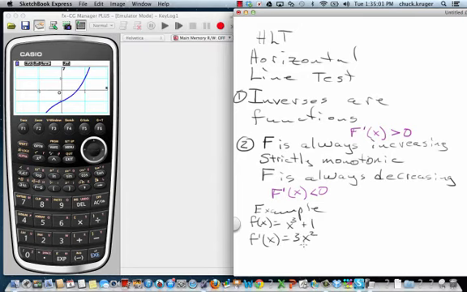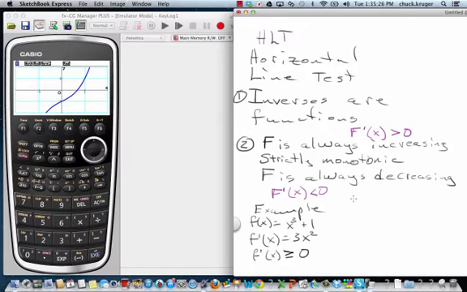Well, this derivative, those values, always have to be greater than or equal to 0, because unless I put 0 in there, any other value I'm going to have here is positive. So I've accepted 0 where I have an inflection point here. This function is increasing during the entire interval. That means it's strictly monotonic.